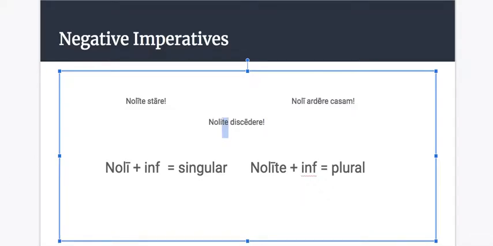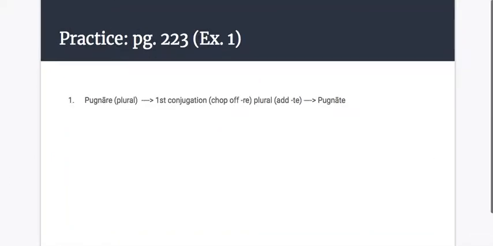Nolite discedere. All right, so what you're going to do now is open your books, aperite libros vestros, and go to page two hundred and thirty-three, and you're going to do exercise 1 on that page. I did number 1, so we can do that together and make it easy. You're going to see something like pugnare in the plural, and then you just have to make it imperative in whatever number is requested. So here I need to make a plural imperative with pugnare.